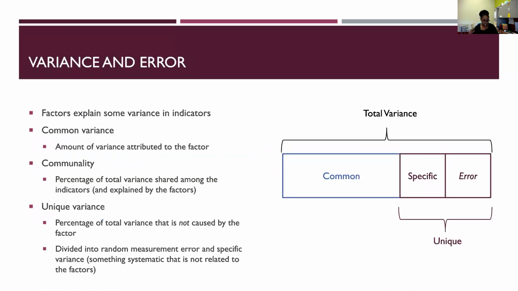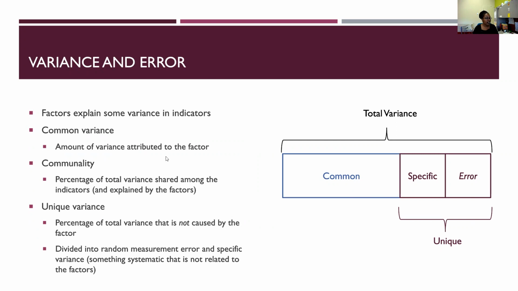All right, let's break this idea down a little bit. The fourth component of latent variables is the variance. For all of the indicators, we're trying to figure out how much of the variance comes from the factor and how much is coming from everything else. In confirmatory factor analysis, we're dividing the variance into common, specific, and error.